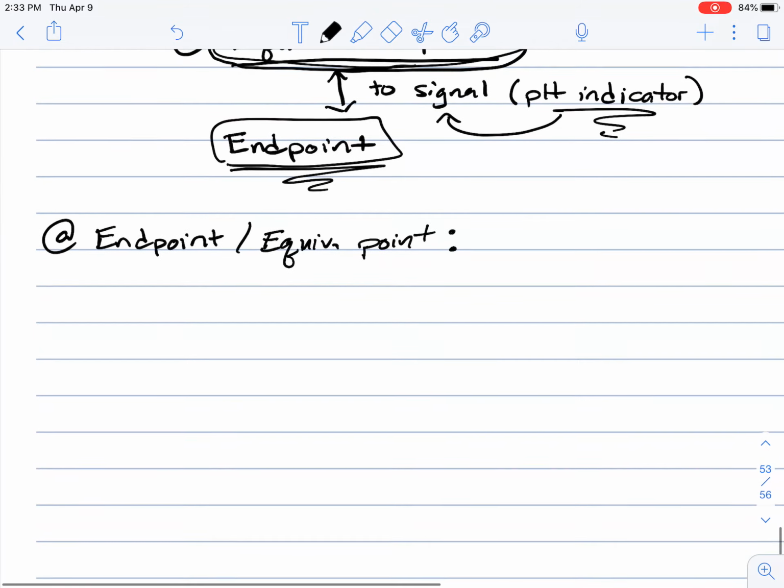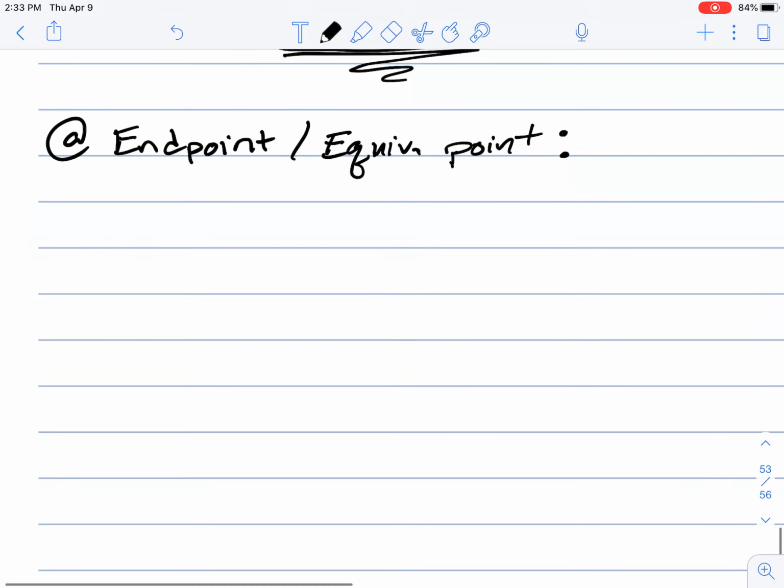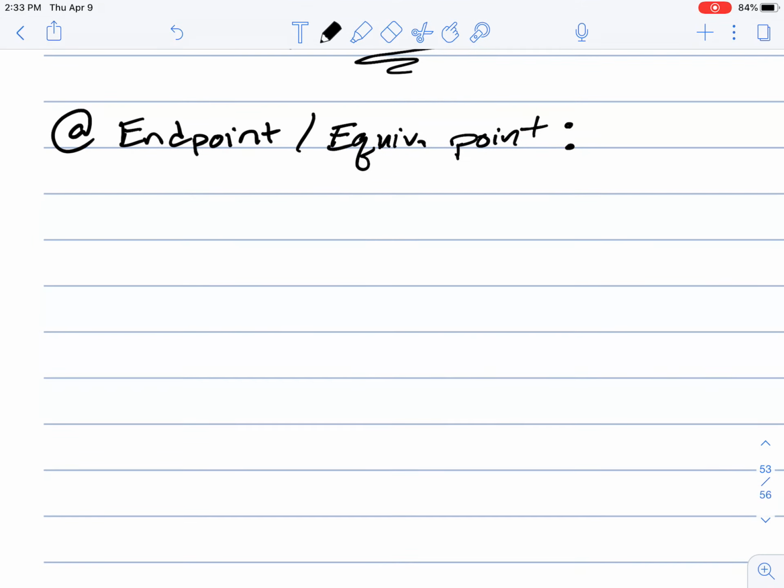you can streamline your titration calculations by using a modified dilution equation formula. In the first semester of general chemistry, perhaps your professor wants you to determine the concentration using dimensional analysis, where you're setting up mole to mole ratios, using molarity as a conversion factor, et cetera, et cetera.